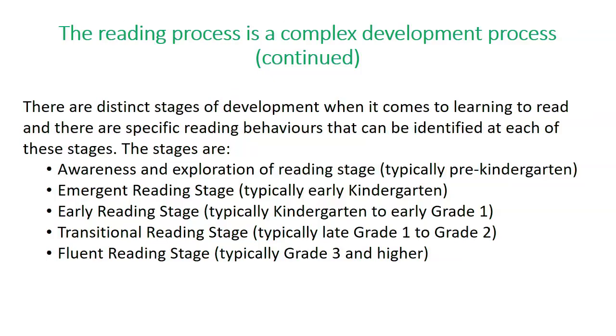It can be put together and a whole story can be created. And then lastly, they will enter the fluent reading stage, where they are able to put everything together, and there it's really about practice to become a fluent reader. So basically for the rest of their school years, they will practice with first shorter pieces, then longer pieces, until they are able to read in a nice fluent manner.